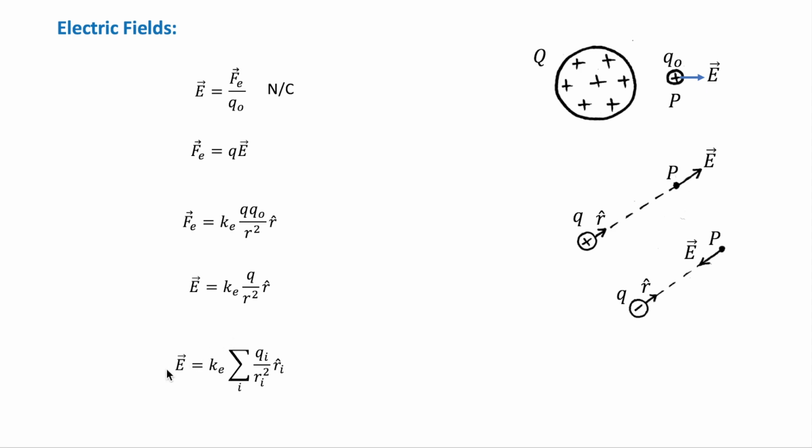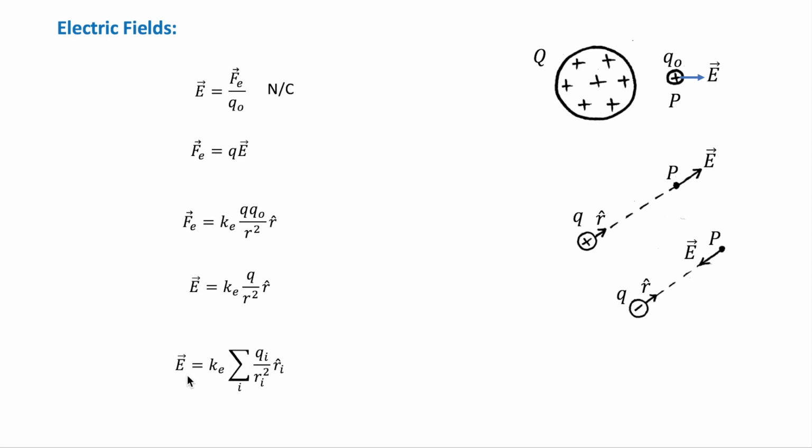So the electric field, let's say we have a point here, P, and there are a number of point charges surrounding it. Then the electric field at that point is the vector sum of the electric fields at that point due to all the individual point charges, okay?